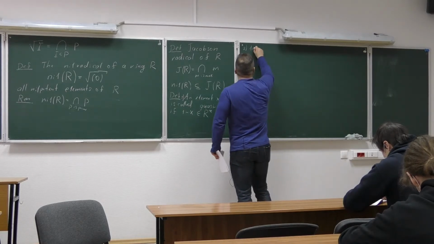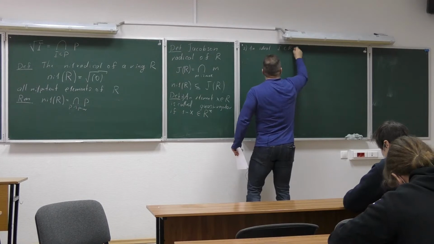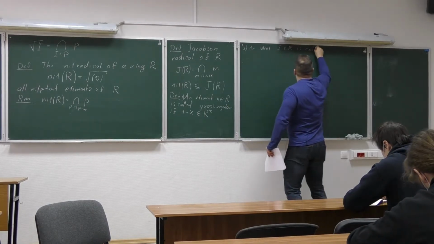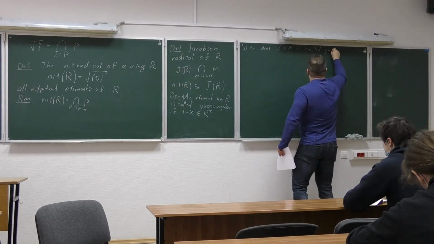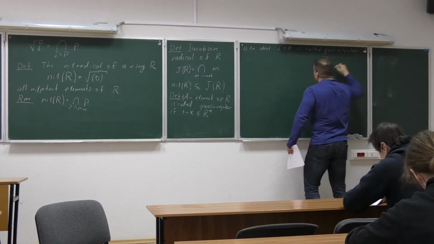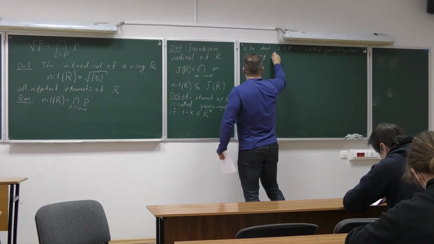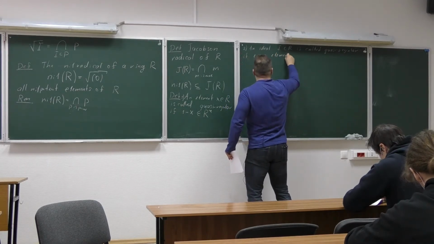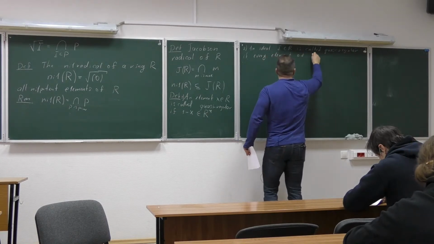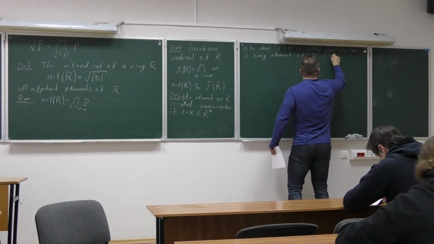So an ideal I is called quasi-regular if every element of I is quasi-regular.